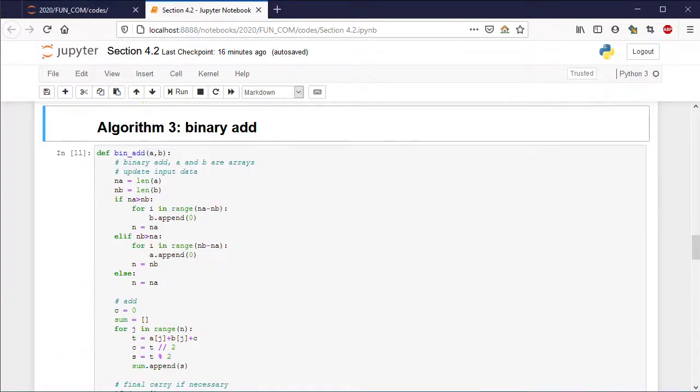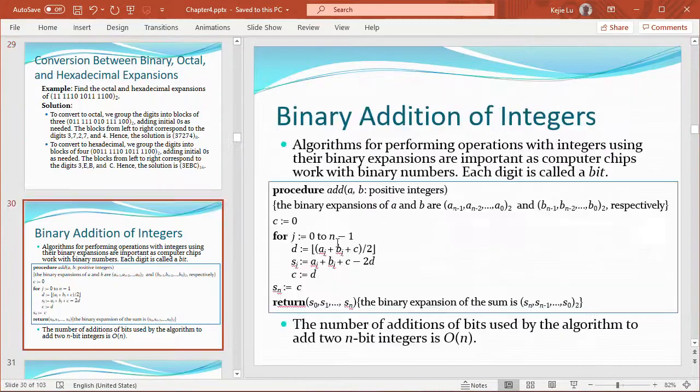All right, so next we have a few algorithms. The first one is called binary add. Right, this binary add is very simple. So actually at this point, we are trying to explain this binary addition using software. So in practice, in most of the cases when we are doing the addition, we are not using software to do the addition.